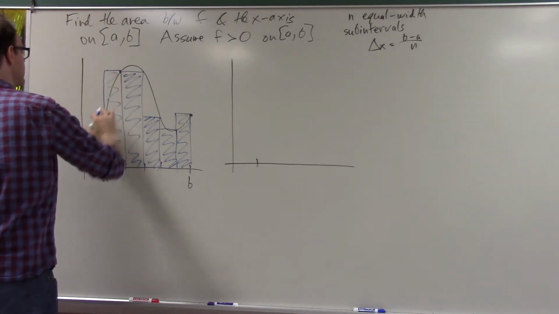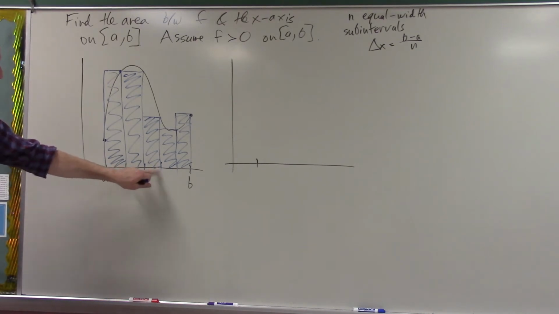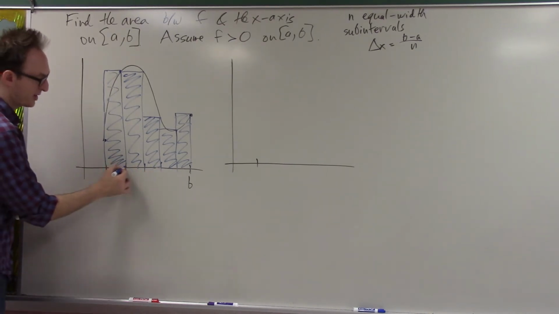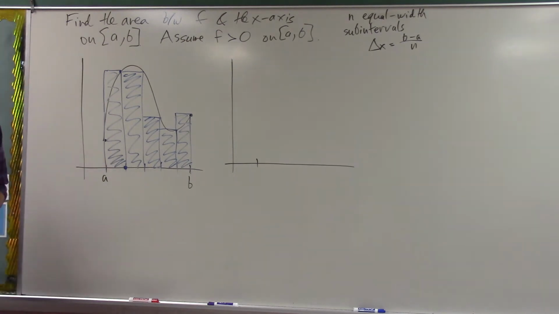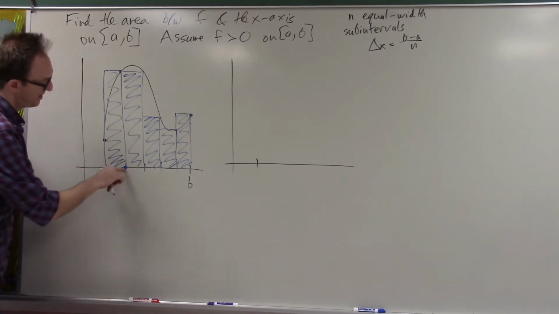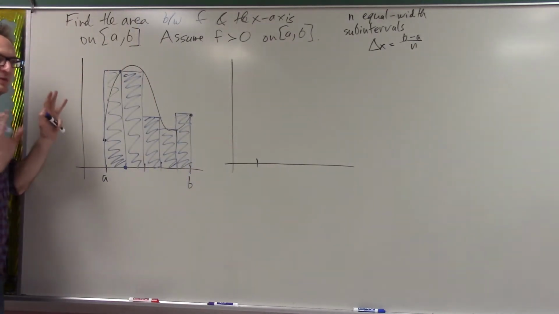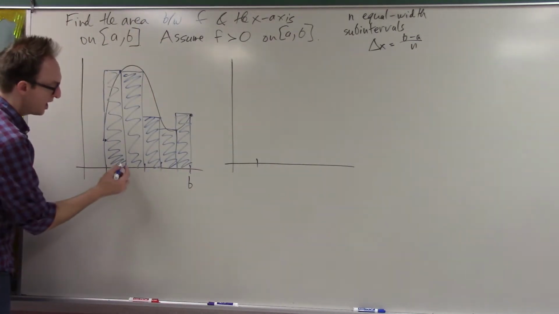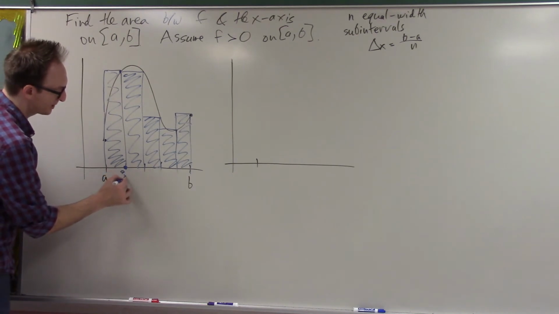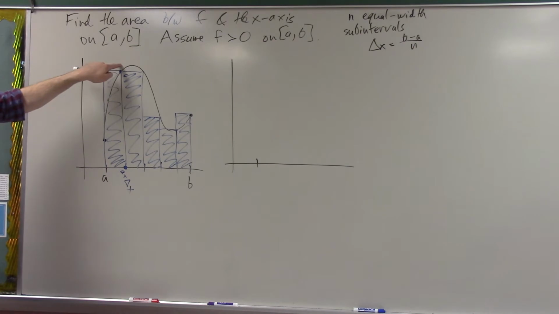Now let's write out an expression for this sum. What is this point right here? It's kind of annoying to keep saying b minus a over n over and over again, so let's just call it delta x for the time being, and we know that's what delta x is. So this is a plus delta x. That's the first number that we plug into the function to get the height of the first rectangle.